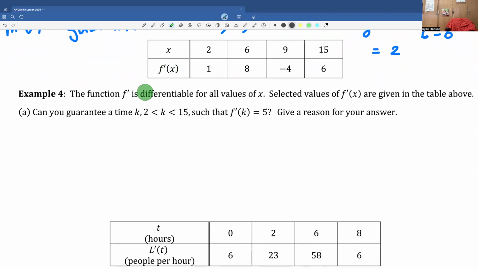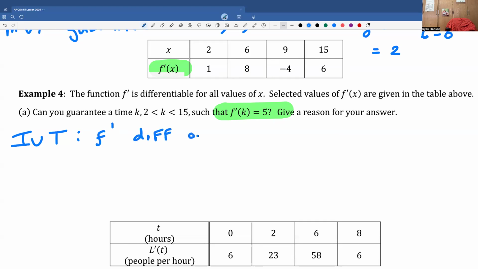Okay, example 4, fast track. What's the table measuring? F prime. What's the question asking? That's a match. It's probably IVT, correct? What's the precondition for IVT? Do we know that? Yeah, so since F prime is differentiable on 2 to 15, right?